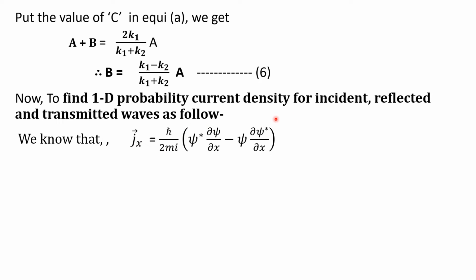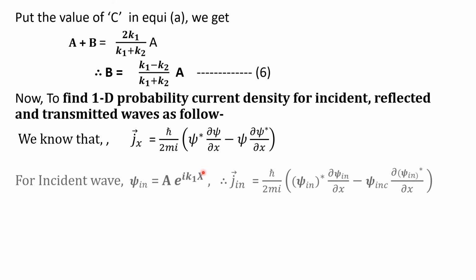We use this for incident wave, reflected wave and transmitted waves. Therefore the equation becomes J incidence equal to h cross divided by 2im into the bracket psi incidence star dou psi incidence by dou x minus psi incidence into dou psi star incidence by dou x.